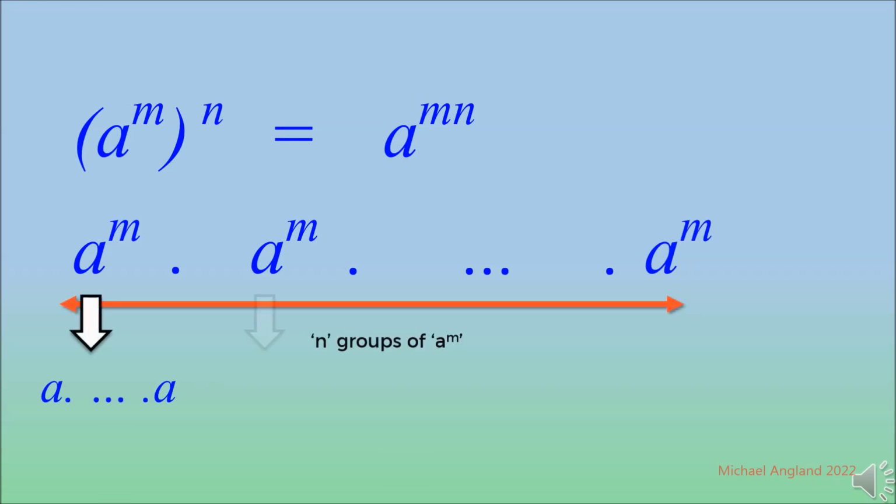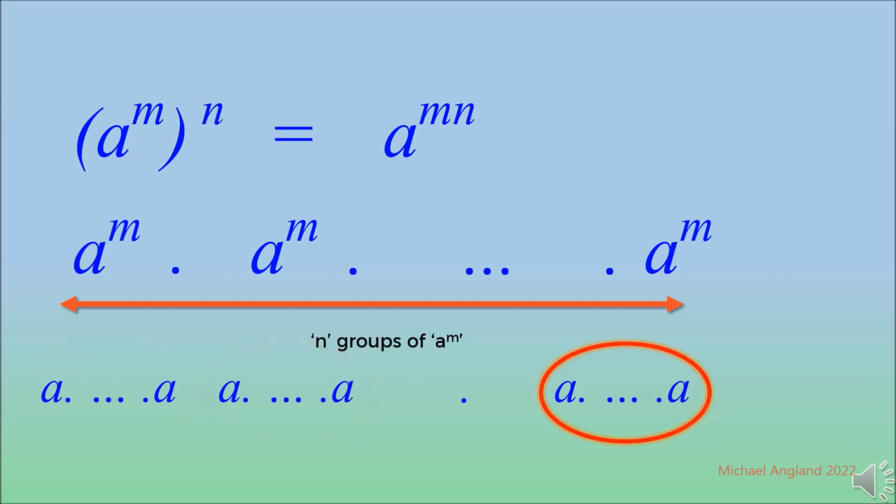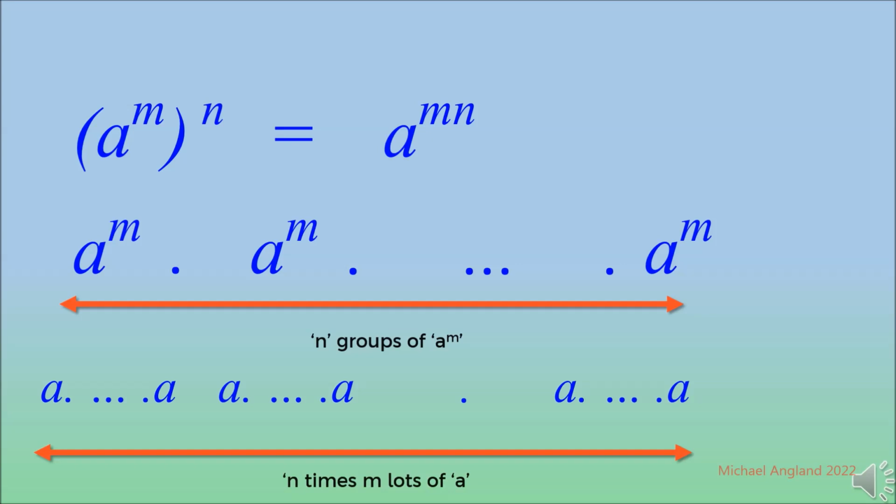Now if we split each of those groups of a to the m into component parts, we have how many a's? We have m a's in each of those groups, and everything is being multiplied. So we have m lots of a in the first group, m lots of a in the second group. How many groups? N groups. Therefore we have n times m lots of a, hence a to the mn.